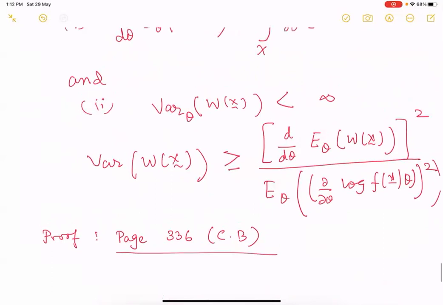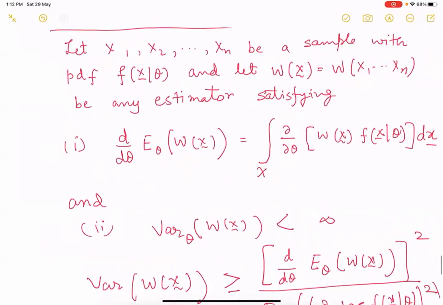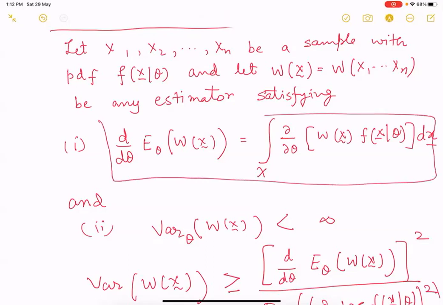So what is it telling us? If W of x is any estimator which satisfies this condition, what is the physical meaning of this condition?